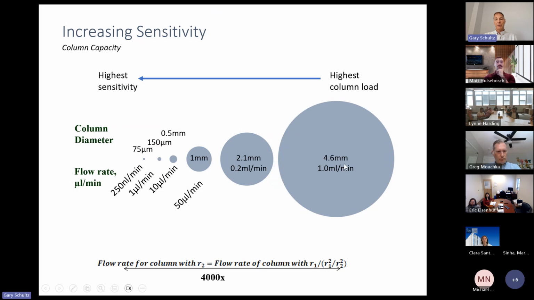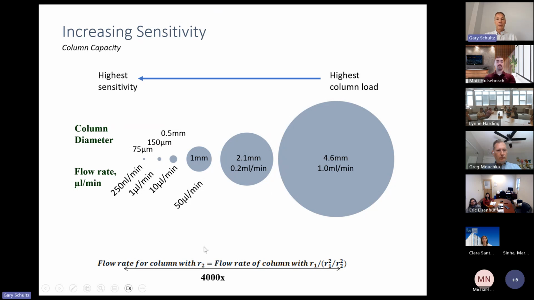The benefit of these larger diameter columns is that if you don't have a method with a high sensitivity requirement, we have a higher loading capacity. Depending on the degree of method development required, the smaller the column diameter, the more method development is required in order to simplify and clean up analytes from background matrix effects.